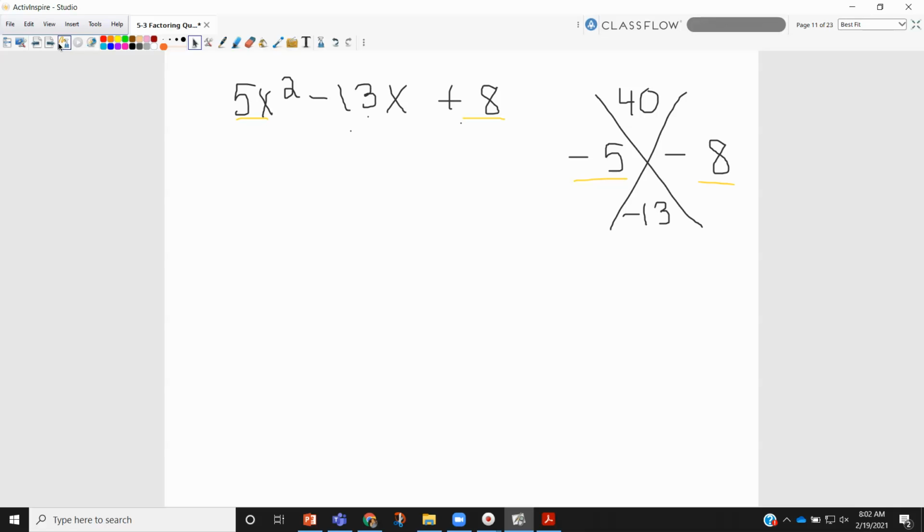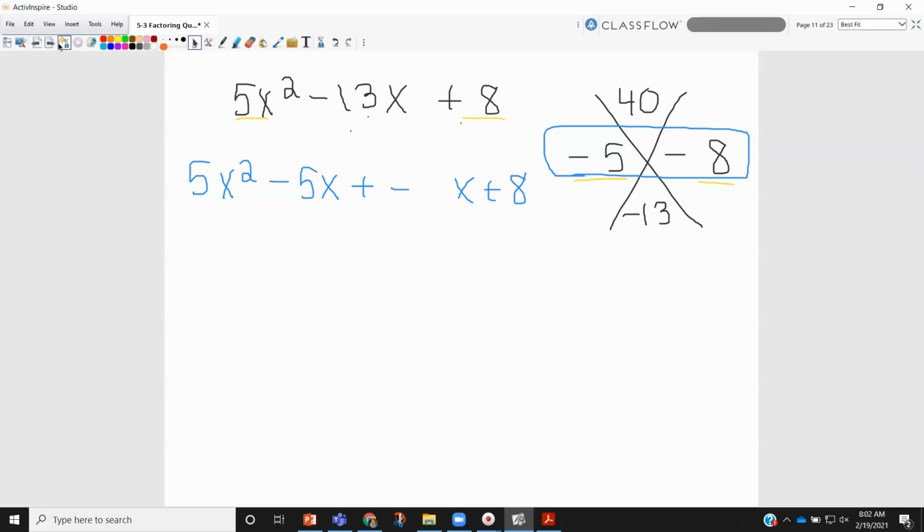Now what we're going to do is replace negative 13 with negative 5 and 8. But just like the other day with factor by grouping, you have to be careful about where you group your parentheses.